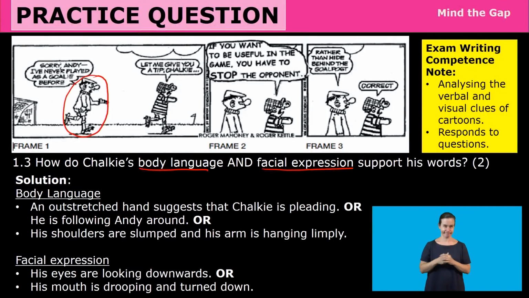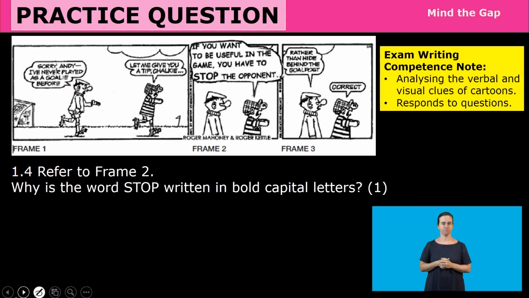His facial expression, his eyes are looking downward, so it's downcast eyes, and his mouth is drooping and it's turned down. So if you look at the very specific way in which the cartoonist represented the drawing of that mouth there. So remember, you have to give me two, so you could give me one option for body language and then another option for facial expression.